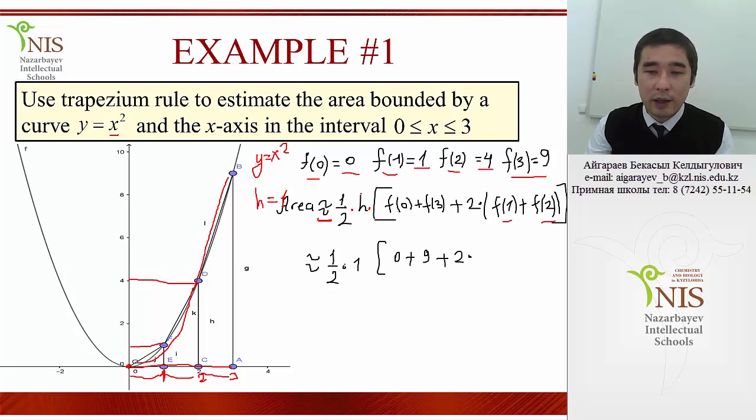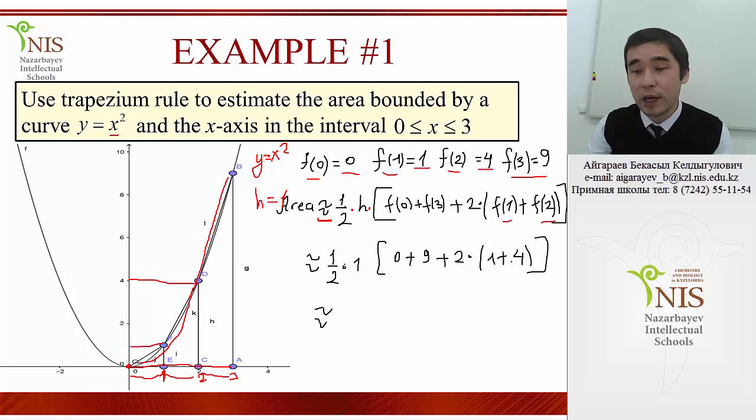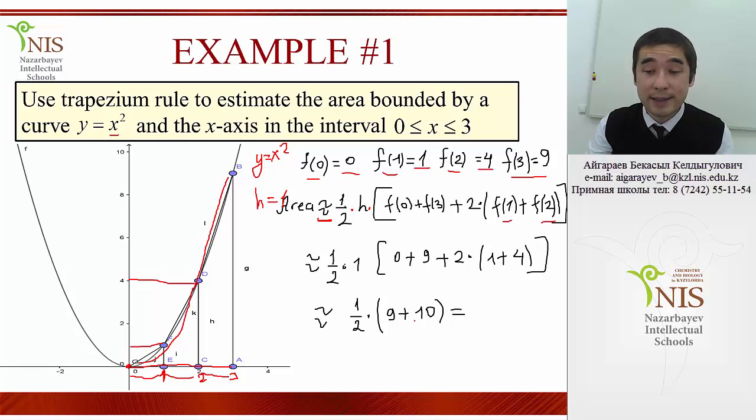And that will be my h is equal to 1, of course. f of 0 is 0 plus 9 plus 2 multiplied by 1 plus 4, and that will be 1 over 2 multiplied by 9 plus 10. That gives me 9.5. So that's my answer for the area below the graph.